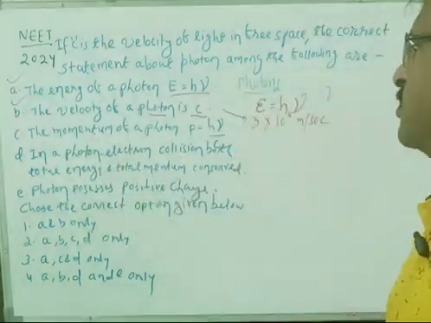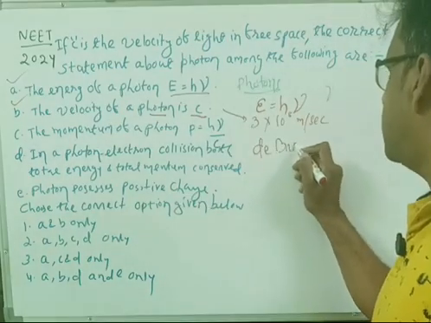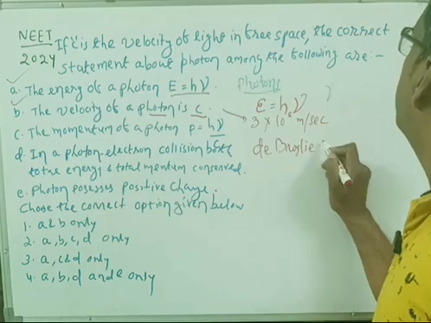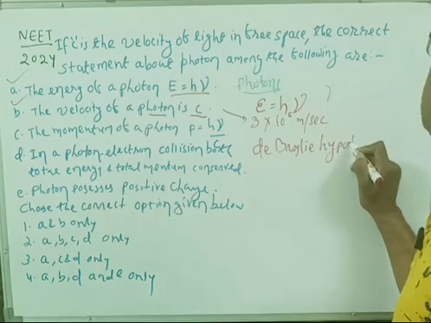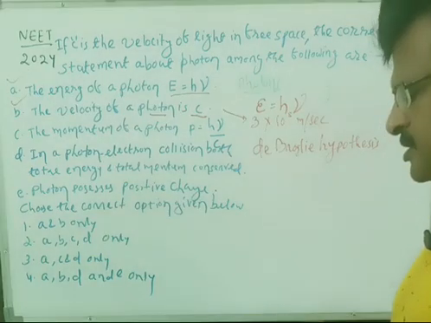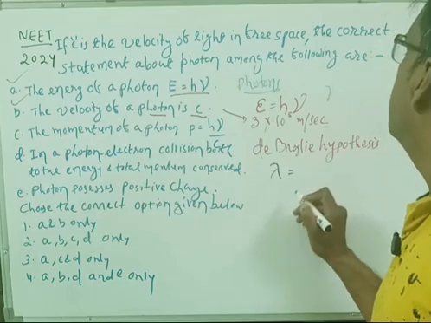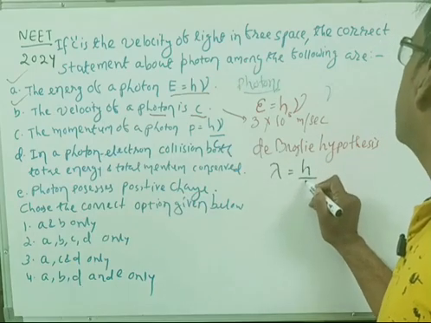The momentum of a photon: students, we have studied the de Broglie hypothesis. And what does the de Broglie hypothesis tell us? That lambda, the wavelength, is equal to h by p.